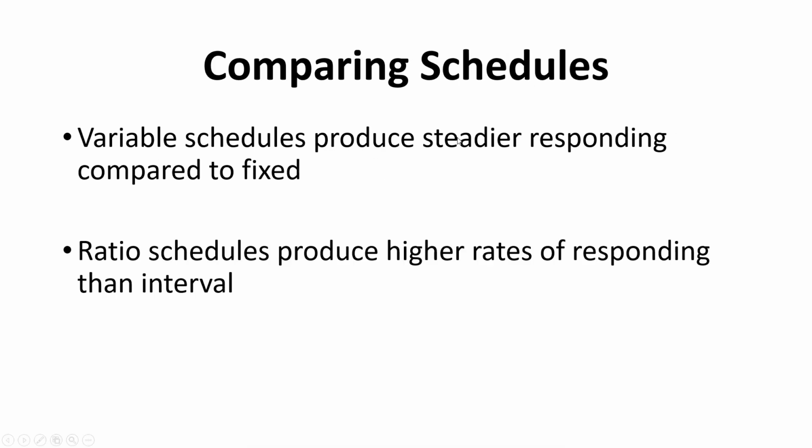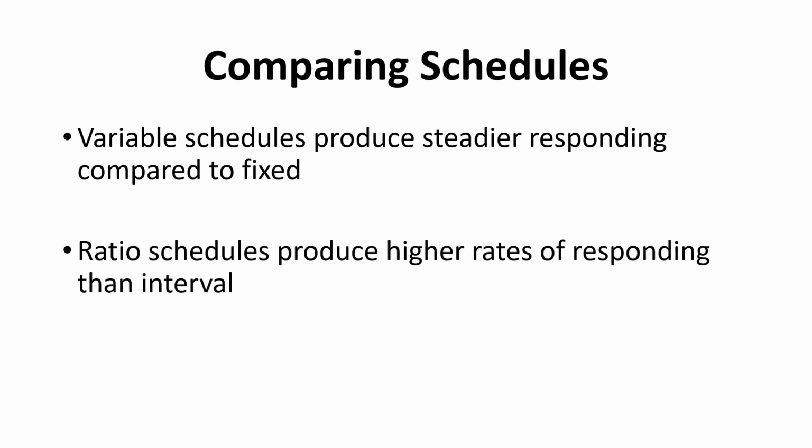So as sort of summing up our comparison of schedules, comparing our variable schedules and fixed schedules, we saw from just looking at our graphs of ideal schedule observations that our variable schedules produce much steadier responding rates compared to fixed schedules.